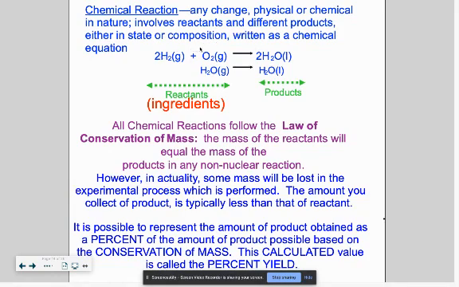So if we're just doing the simple reaction of hydrogen gas and oxygen gas reacting to make water, we see that hydrogen gas and oxygen gas have their own unique physical properties, and water has a different set of physical properties, and we notice those new physical properties, and that's what indicates to us that there's something new forming. Okay, that's one of the indications that something new is forming.